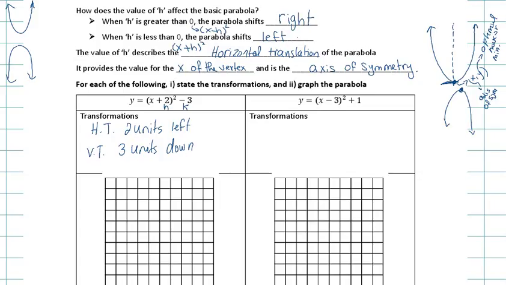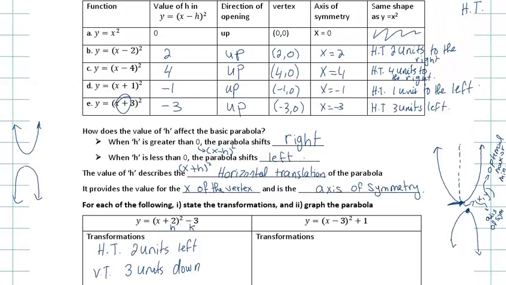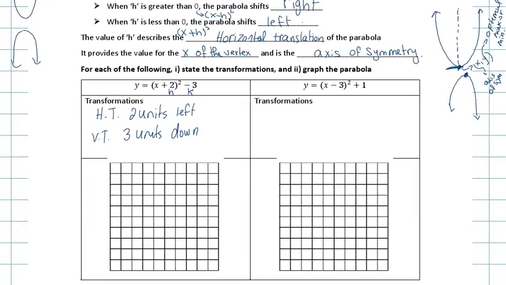I want you to go back to the note that we just did, right? We just said that h is going to be the x value of the vertex, and we said yesterday that the k is going to be the y value of the vertex. So h is the x value, so that's negative 2.